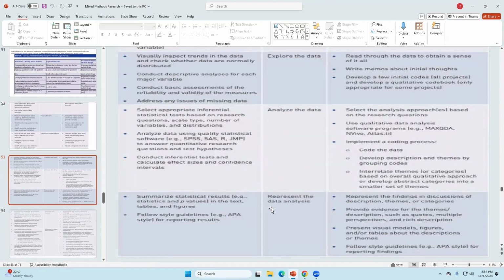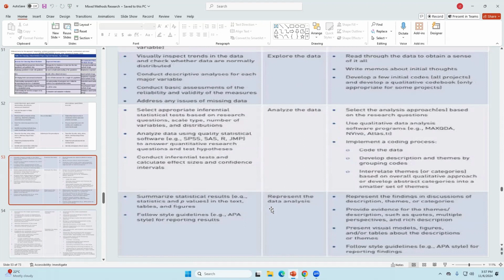Now, in mixed method, you need to integrate. So don't forget that mixed method needs both quant and qual. Don't forget that, okay? Because you need to apply all quant, all qual standards.